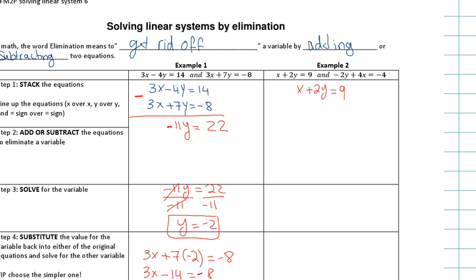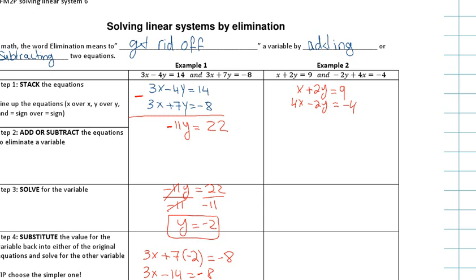This is 4x, so I have to start with 4x. Then where's the y term? Minus 2y. And then equals -4. I didn't switch anything from one side to the other, right? They stayed on the same side. That's why the sign doesn't change. 4x is positive, it stays positive. Negative 2y is negative, it stays negative. I did not bring them to the other side, so it doesn't change any sign.